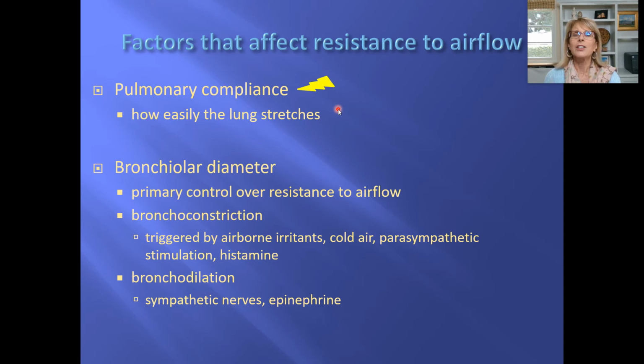Lung tissue is meant to have a lot of that protein elastin in the structure of the lung. And that makes it very easy to inflate the lung, but when you remove the pressure, the lung empties itself really well. When you've got young lungs like you do, it's really easy for you to inhale.